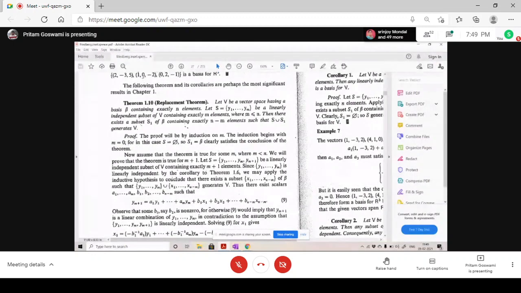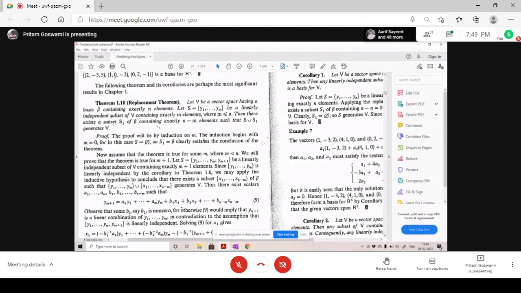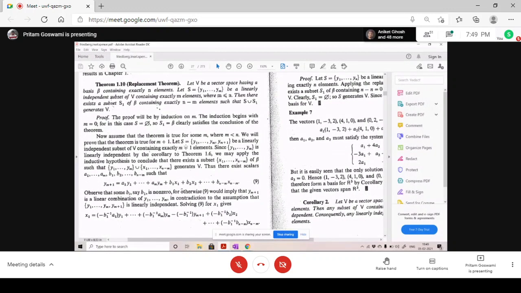Whenever you try to do anything in linear algebra, basis will come first, and basis depends on this replacement theorem. So try to understand this proof. You don't have to remember it, just understand it.